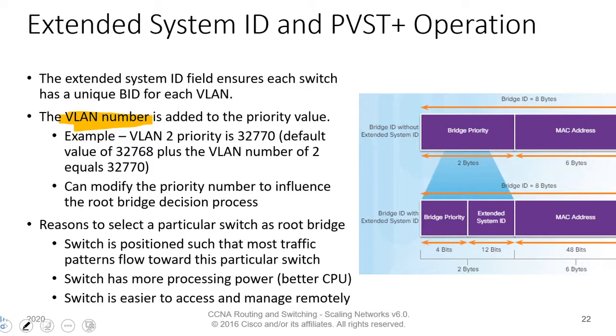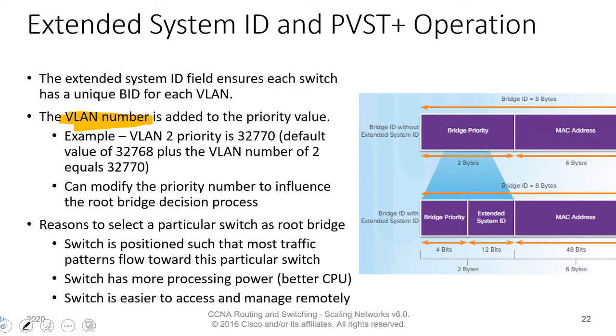So then that will dictate the different priorities based on the VLAN numbers. And based on specifying these things in a manual manner, for custom networks, we can select different switches as root bridges based on the type of traffic requirement, and that may be necessary.